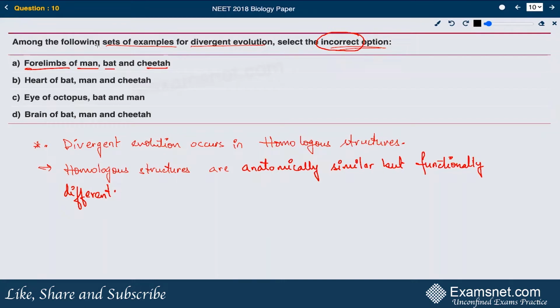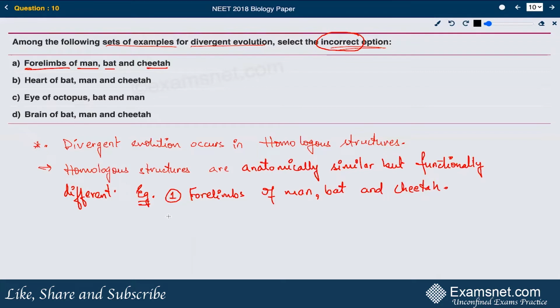Forelimbs of bat are meant for flying. And forelimbs of cheetah are meant for running. So they are anatomically similar, but functionally different. So this example is true. The first example is forelimbs of man, bat, and cheetah.